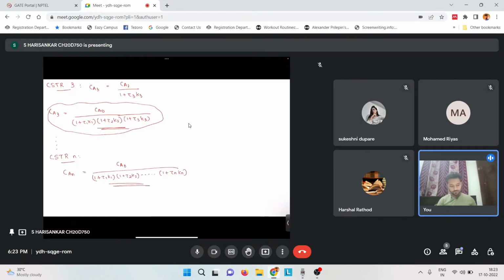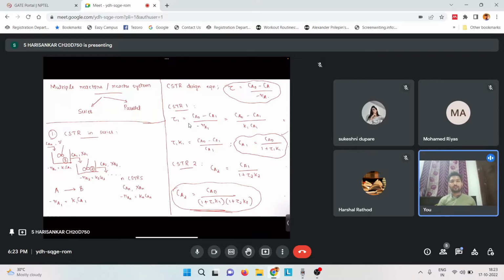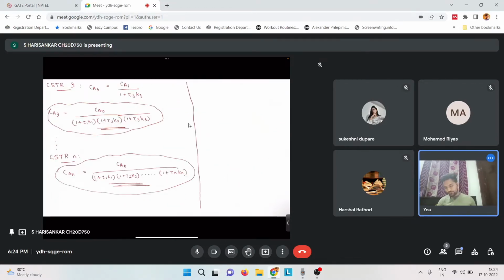So this will be the general equation for the outlet concentration from the nth CSTR in series. You can write the same equation for conversion as well. In these cases, we rearranged it to find the outlet concentration, but you can use the same equation to find the conversion as well.